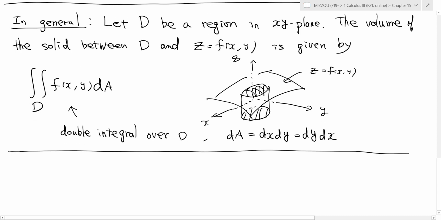Okay, so that's a double integral over a general region, and you have to get used to this. The only way to get used to it is to work out a bunch of examples. So let's do this one.